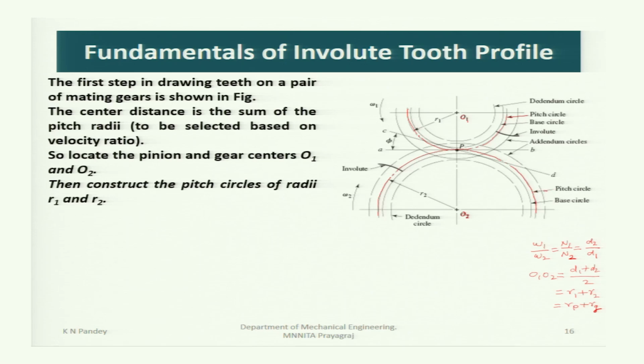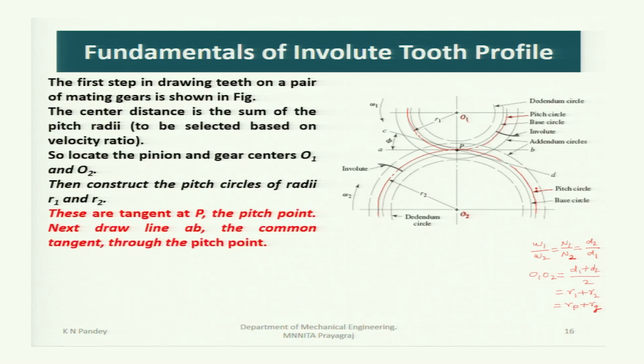This is the pitch circle of the gear. Okay. Now, these two pitch circles are tangent at the pitch point P. Next, draw a line AB which is tangent to the pitch circles.